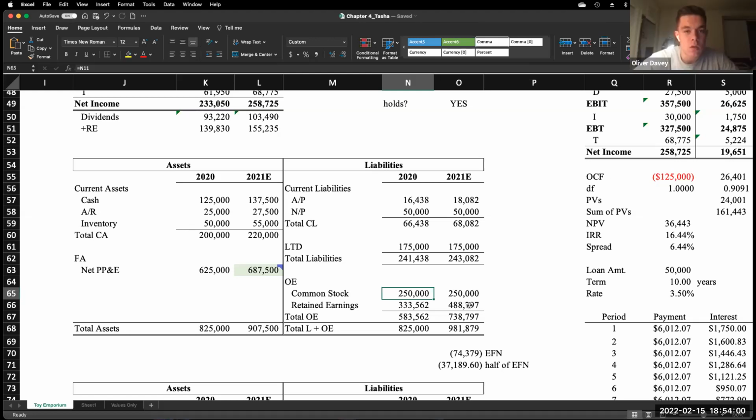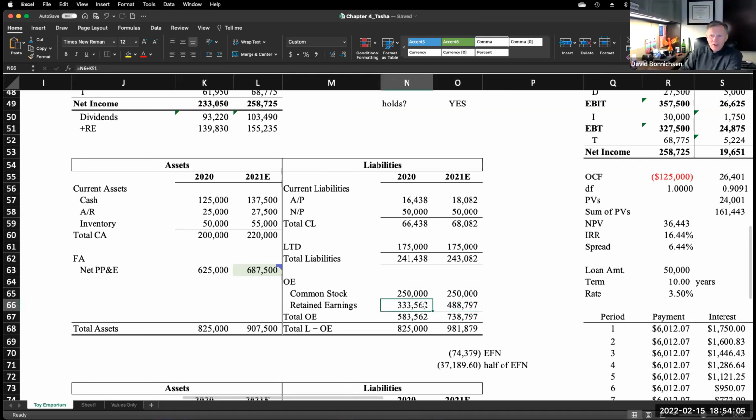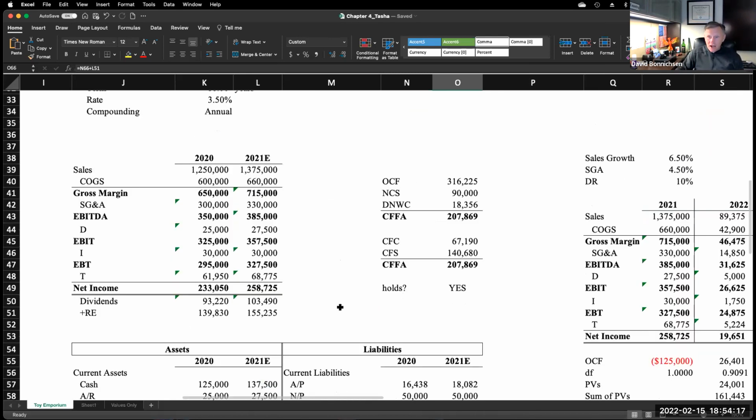We start the year off with what we ended the year at, the 333,562, right? And we had some estimate of operations that we were going to do. You spent time figuring out some 2021 operations, and then you used that payout ratio to determine the dividends, and whatever was left was shoved into retained earnings.